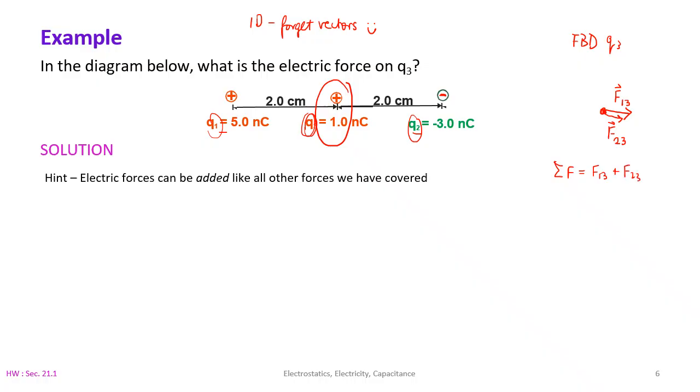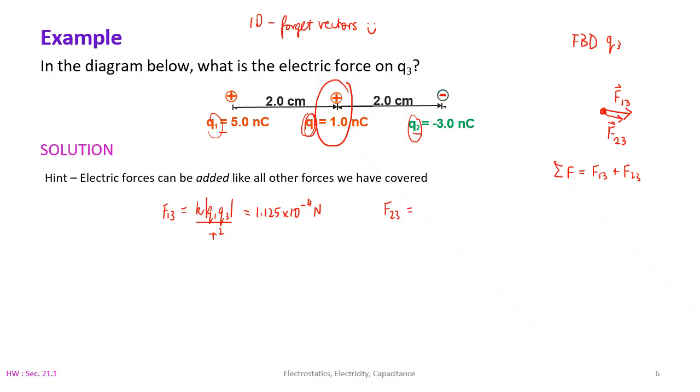So let's calculate what those forces are. F13 is going to be K Q1 Q3, we'll just work with magnitudes, over R squared. Okay, and this is 1.125 by 10 to the minus 4 newtons. We have F23.